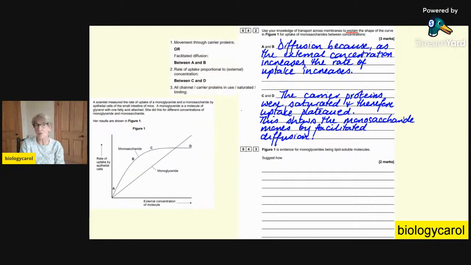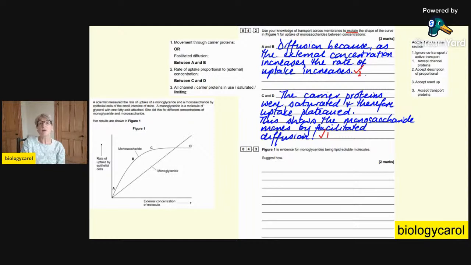So here is the mark scheme for 4.2, and here is the extra guidance, and therefore this is where I got the mark points. So movement through carrier proteins or facilitated diffusion. In fact, I probably got mark point 1 here, because I said that carrier proteins were involved. I just realized that I didn't place that tick quite accurately.